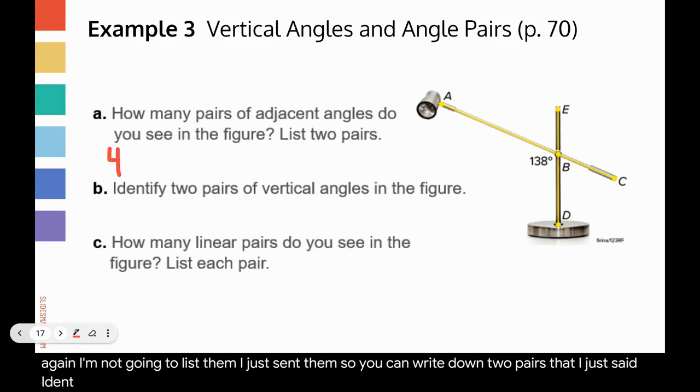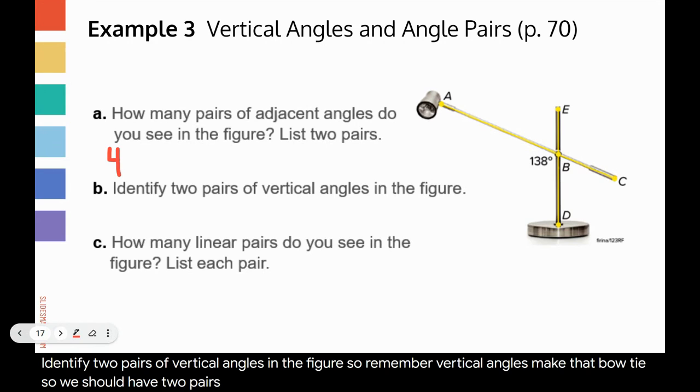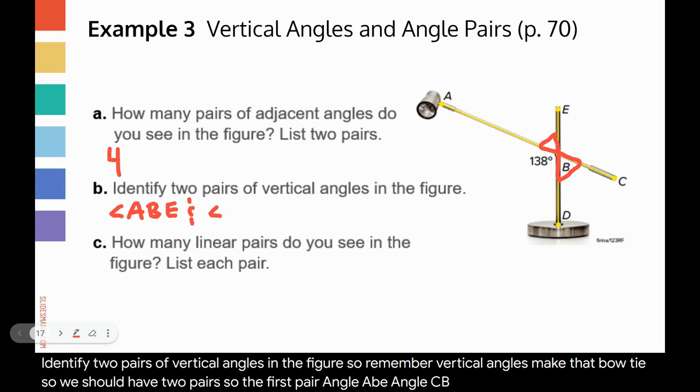Okay, identify 2 pairs of vertical angles in the figure. So remember, vertical angles make that bow tie, so we should have 2 pairs. So the first pair is angle ABE and angle CBD.